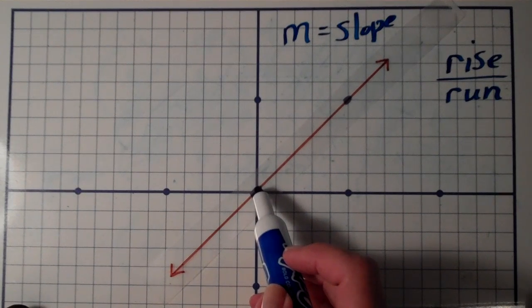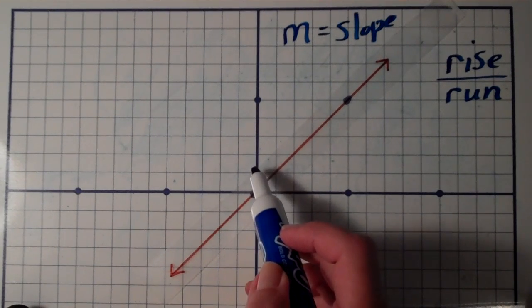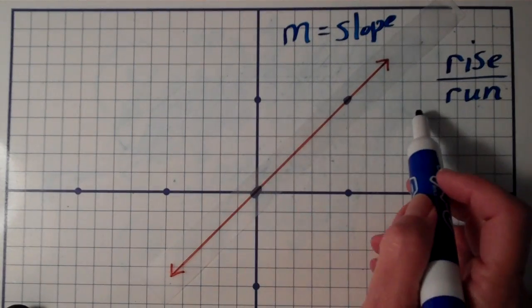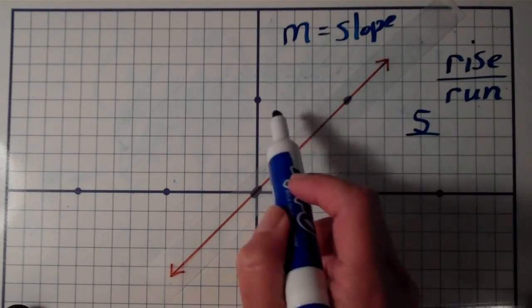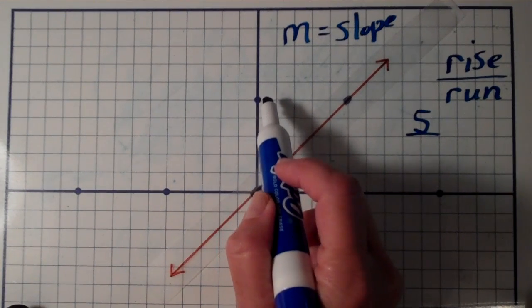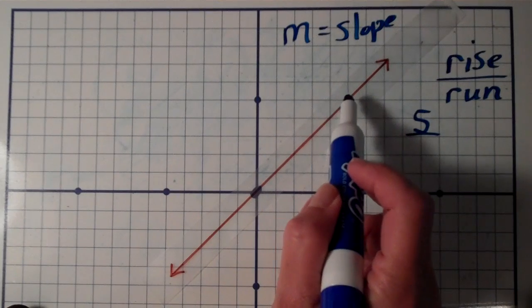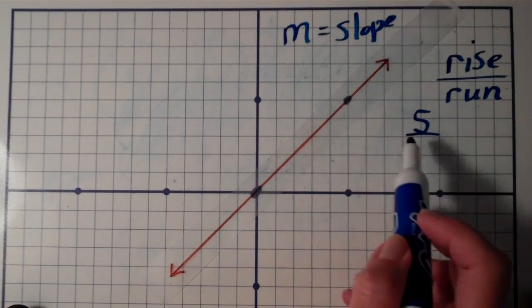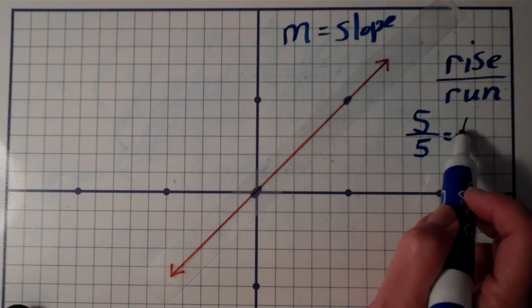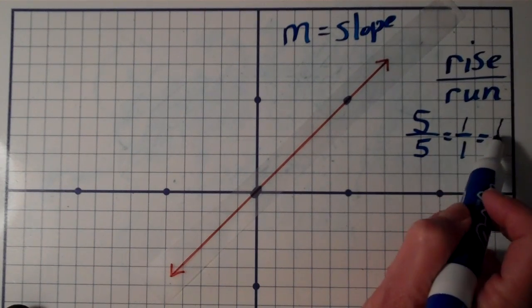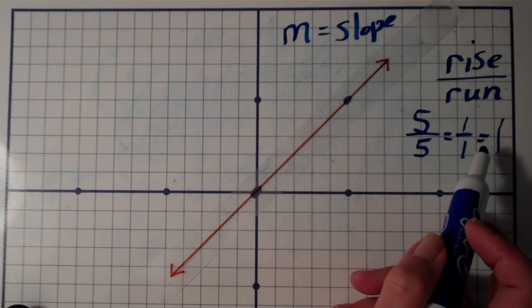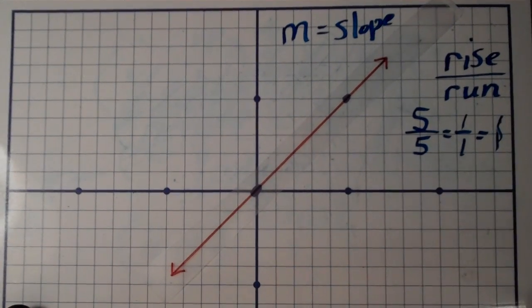If I did the rise going up, I would count 1, 2, 3, 4, 5. So that has a rise of 5. And then the run is going in the positive direction, 1, 2, 3, 4, 5. So that would have a slope of 5 over 5, or 1 over 1, or 1. So the slope of this line is 1.